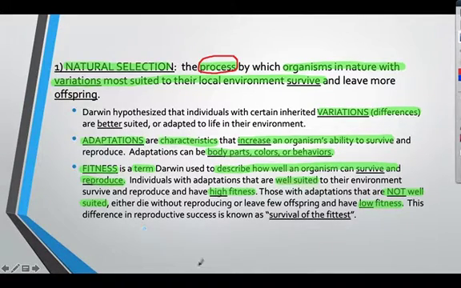Now, all of this natural selection, you could sum it up with just a real simple saying: survival of the fittest. Okay, and you've probably heard that phrase before, and that just means those that are best fit for their environment survive and reproduce.